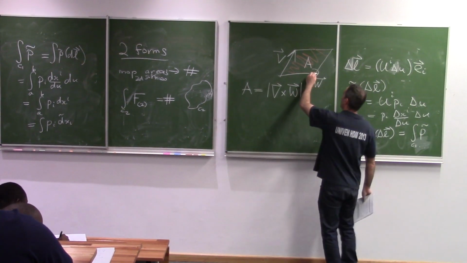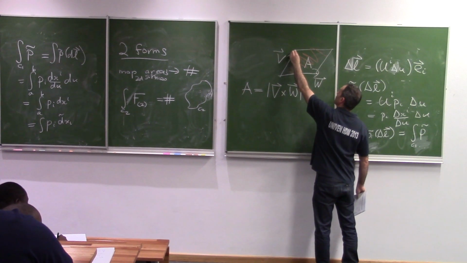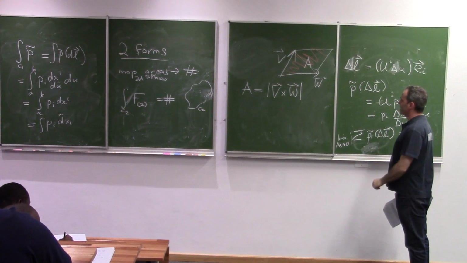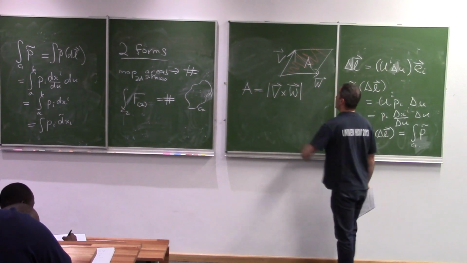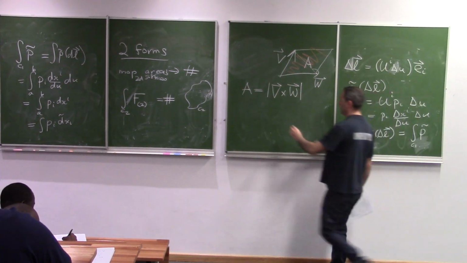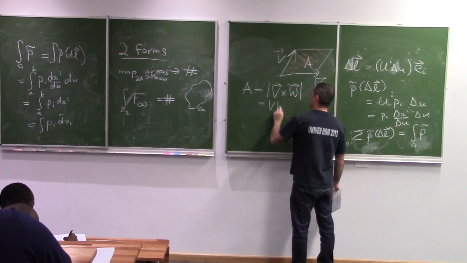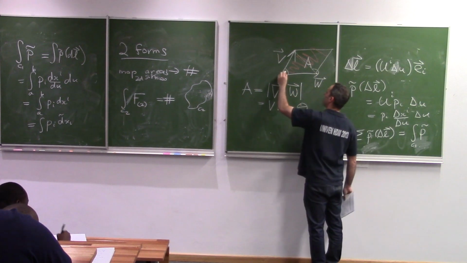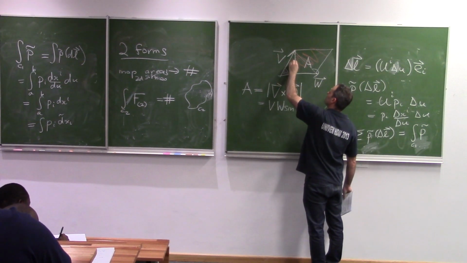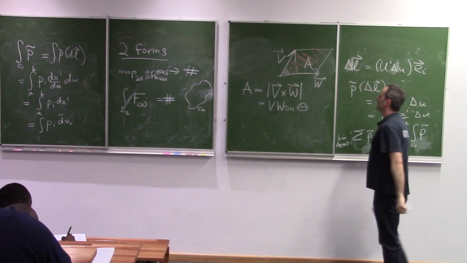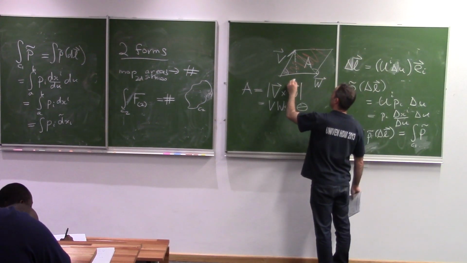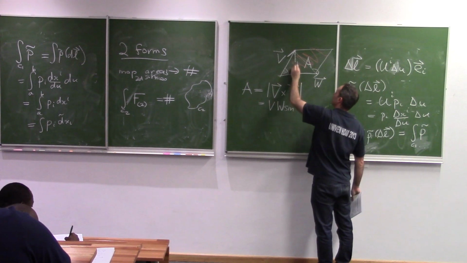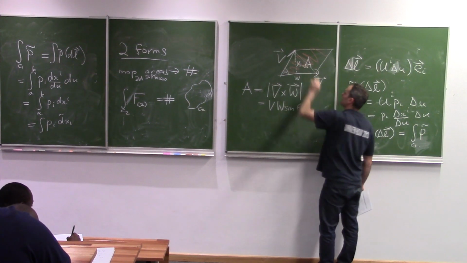So let me divide that parallelogram up into two triangles. The magnitude of V cross W, as you should remember, is VW sine theta. Theta is that angle. So that length will be W, and that height there will be V sine theta.